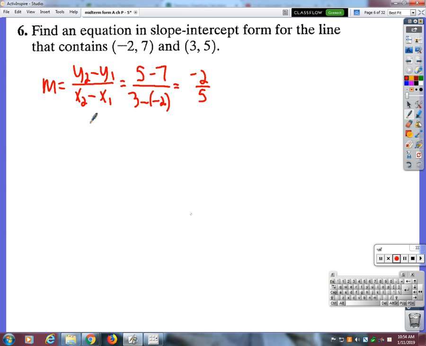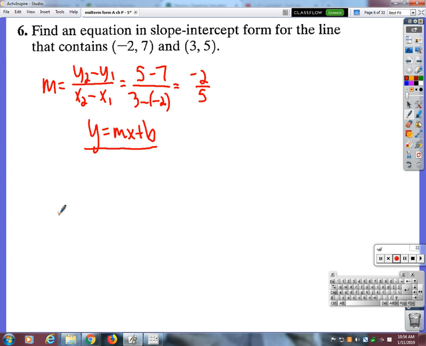So now we need to take our old friend y equals mx plus b, and we need to use that to figure out what b equals. So I've got to plug in a number for y. What number do you want to use for y? 7. Okay. Oh, Carly and Will getting into a fight. She said 5, he said 7.